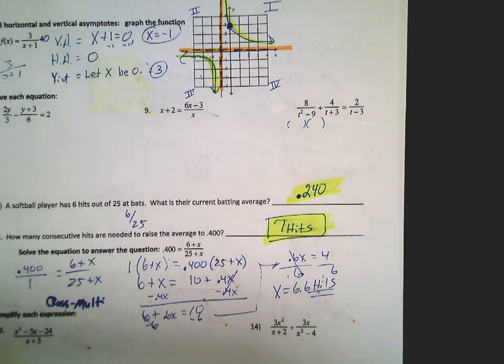Squared minus 9. Michelle gone, Chris gone, Mike. T squared minus 9, do you have that factored? Abigail, do you have it factored? Good job.